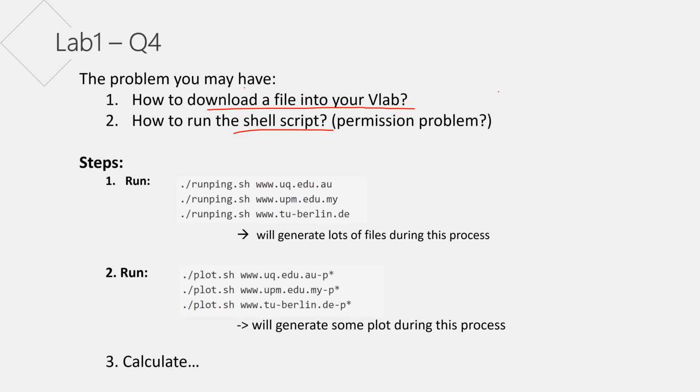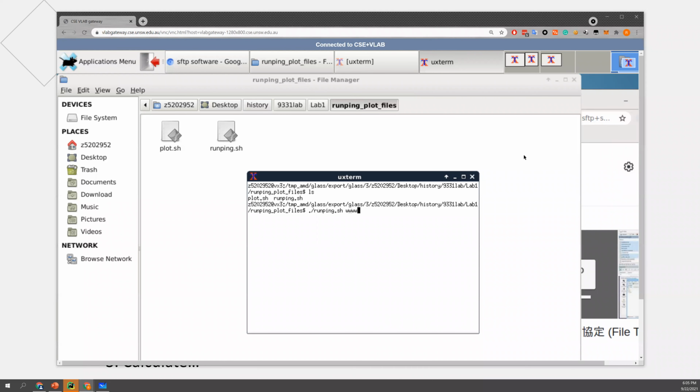Let's double check. The command should be run ping.sh plus this URL. So it's www.uq.edu.au. And then we can just press enter. What it basically does is run the ping command like this.